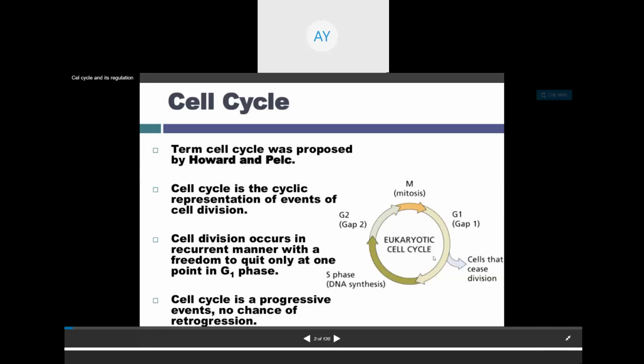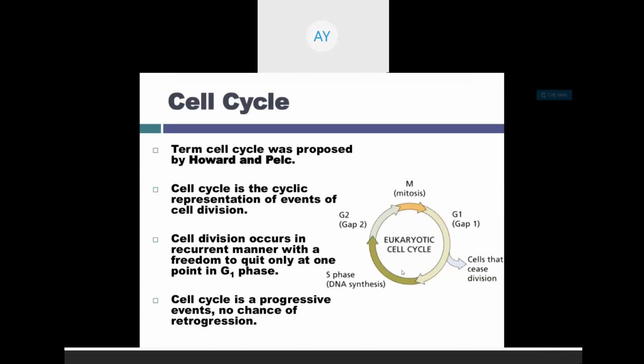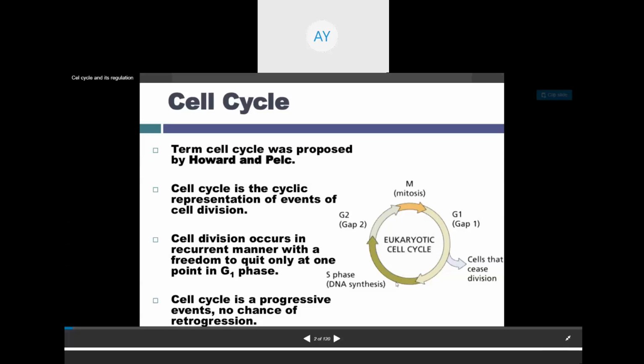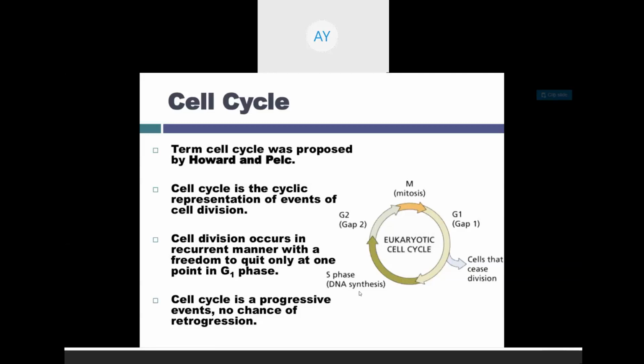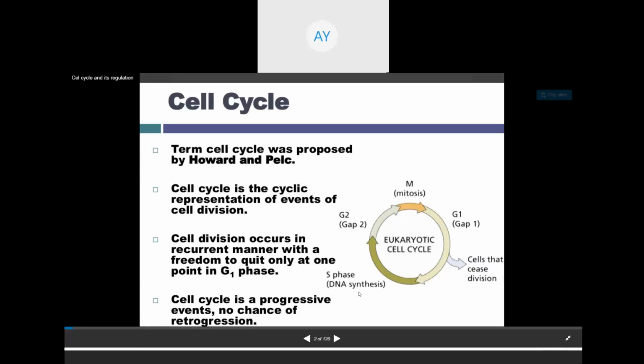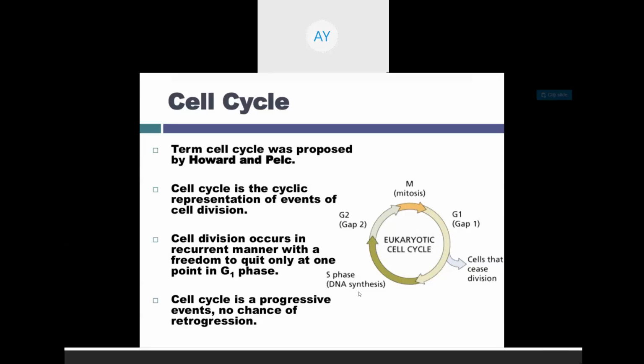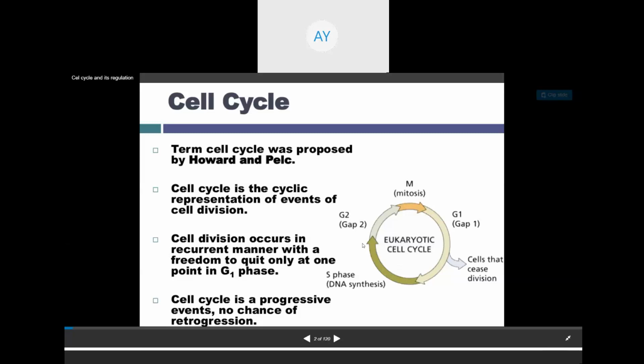the raw materials. What are the raw materials? It can be proteins, it can be RNA, it can be DNA. Means what are the materials required to make a cell? So that is G1, gap 1 phase, and then the cell will enter into S phase, that is the most active phase where replication of DNA occurs, means synthesis of DNA occurs, and then it will enter G2 phase.